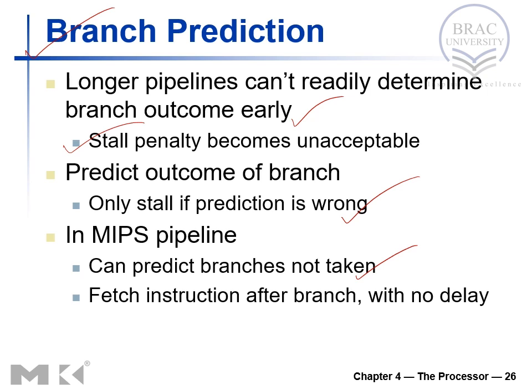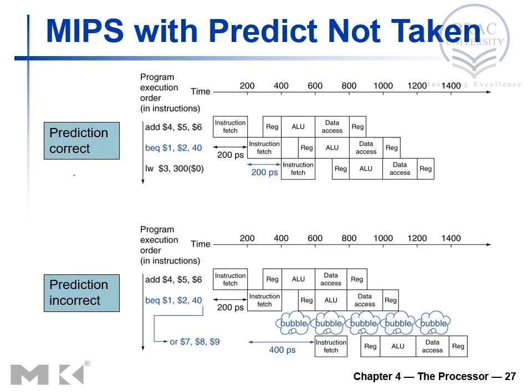Research has shown that in around 50% of cases this prediction is correct. That means in around 50% of cases the branch will not have to be taken. Fetch the instruction after the branch, no delay. So in this case there will be no delay, at least for 50% of cases. This is one example where it is thought that the branch will not be taken, that 50% case example.